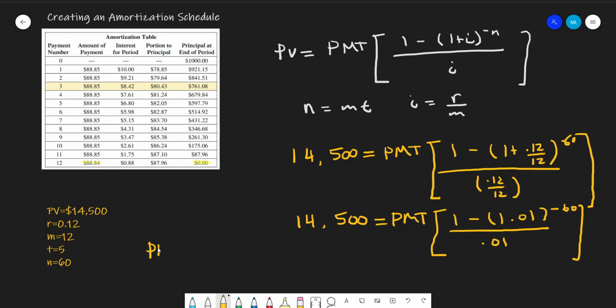So the payment is equal to 14,500 multiplied by 0.01, and all of this is divided by 1 minus 1.01 raised to the negative 60. This means we can actually compute what this is equal to.